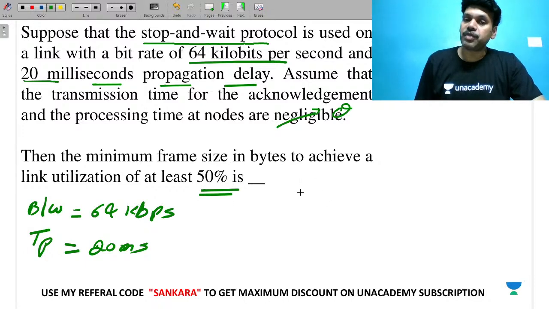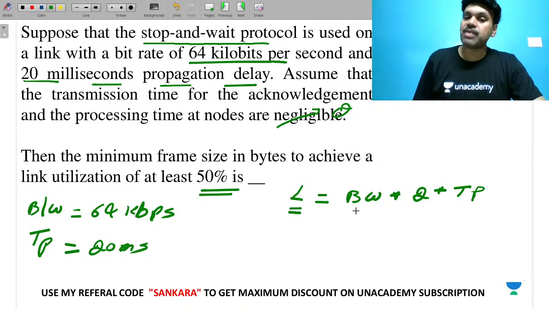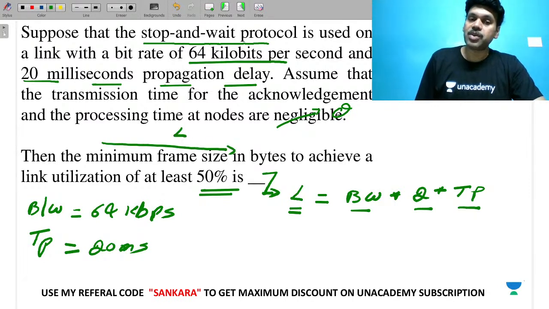We already know the 50% efficiency rule. L is equal to bandwidth into 2 into TP. If your L value is equal to this much, then you are going to get 50% efficiency, no doubt. He is asking for the L value only.